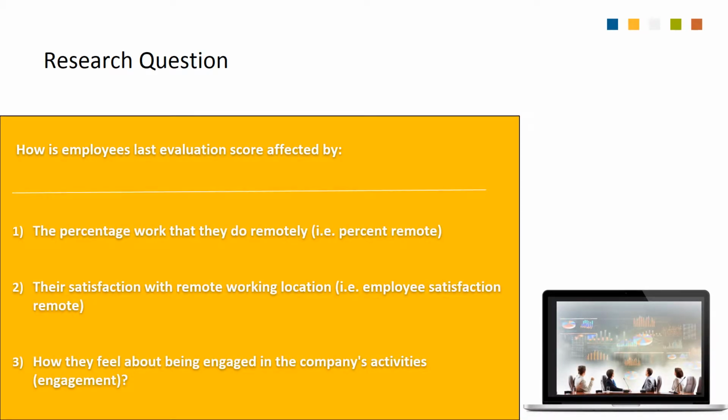Through this research, we attempt to find the impact on employees' performance by the last evaluation score. The purpose of using last evaluation score is because it best denotes the quality of performance. According to our findings, last evaluation is mostly influenced by the percentage of the employees' work that is done remotely, their satisfaction with remote working location, and how employees feel about being engaged in the company activities.